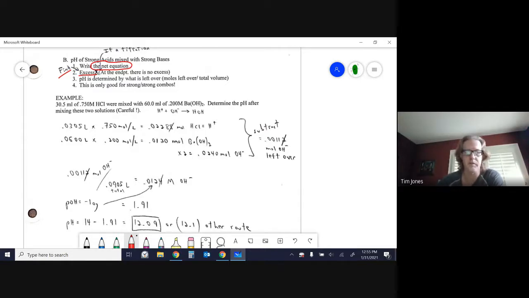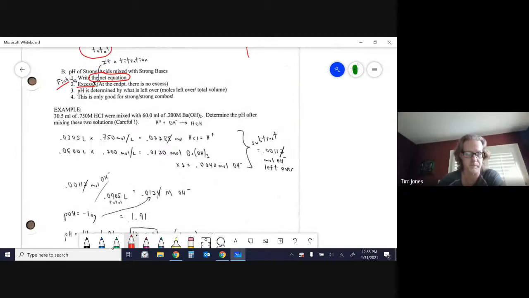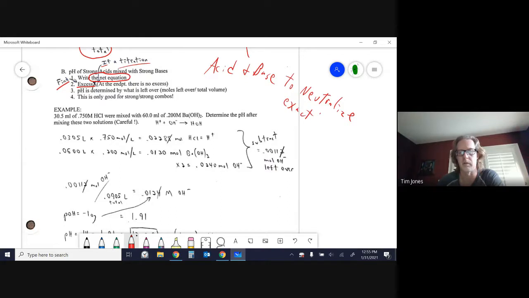However, if it is a titration, the whole point of a titration is for the acid and base to neutralize each other. So if it's an acid-base neutralization situation in a titration, there is no excess.